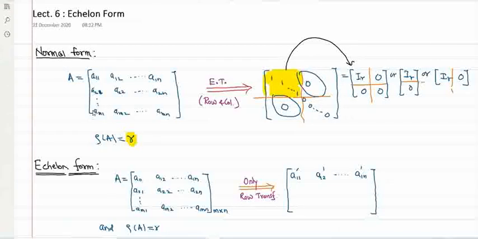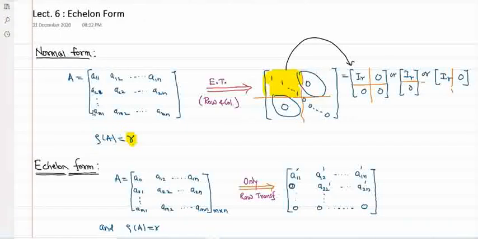Second row, 0, A22 dash, and so on, A2n dash. Third row, like that. So here, the first R rows form an upper triangular matrix.